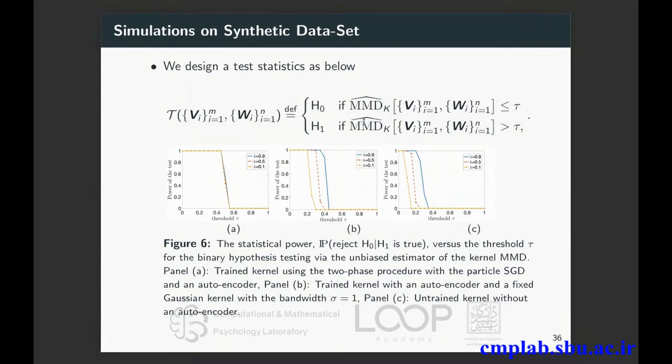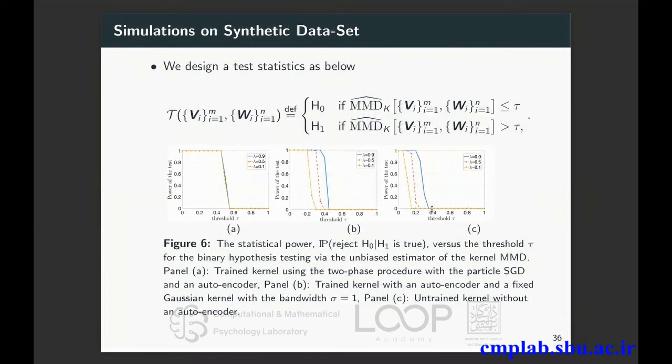If I use a kernel without trying to optimize it, I get some curves, some performance here in figure C. The ideal case is I would like to increase the threshold, and I would like my hypothesis testing to still give me an accurate result.